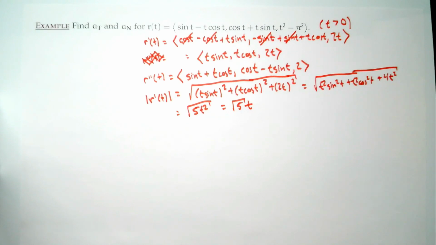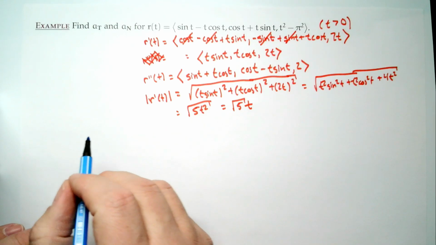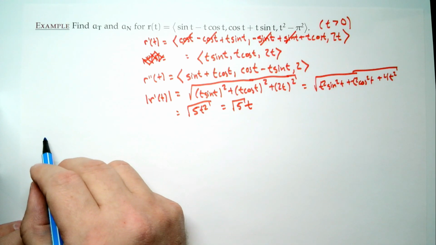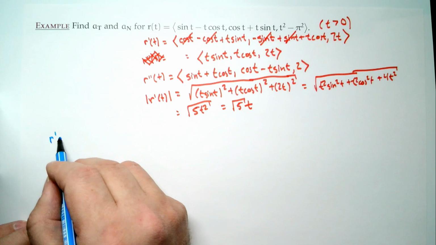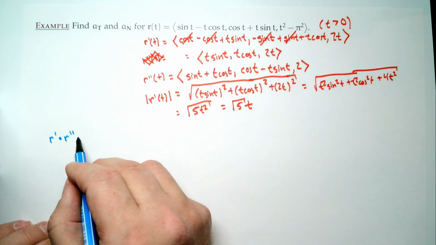Now, we said we were doing this geometrically first, so we'll switch colors. There's no special geometric color. If I want a_T, I need to find the dot product r prime dot r double prime.